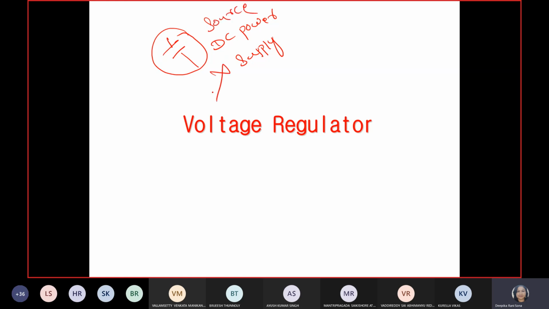But this is not exactly the source of the DC power supply, guys. The main power supply only will give rise to the DC sources or DC power.